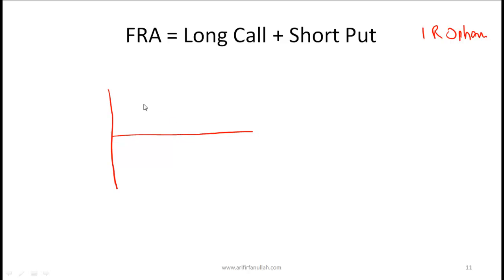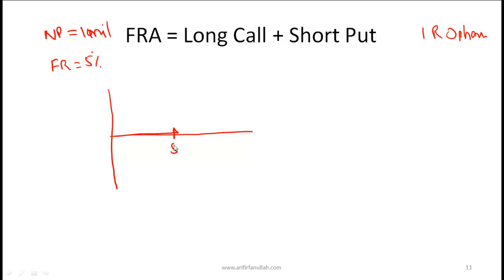So let's say that we get into a forward rate agreement where the agreed forward rate is equal to 5%. So we've agreed that 3 months from today we will borrow a notional principal of, say, 1 million, and the agreed upon rate is 5%.